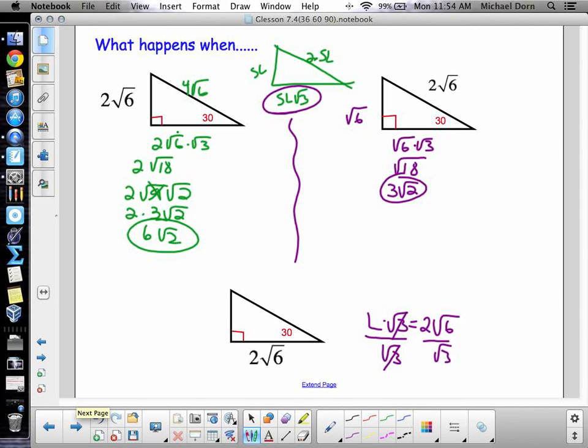Cancels out here. Does that reduce? Yeah. What's that going to be? 2 root 2, because the 3 and the 6 reduce to a 2 and a 1. And root 1 is just 1. And so what's this hypotenuse going to be? 4 root 2. Short leg times 2.